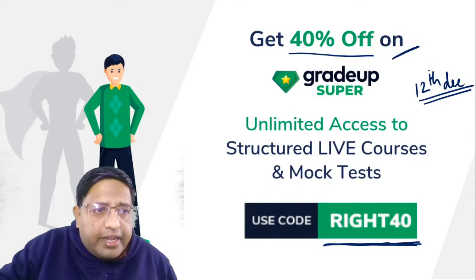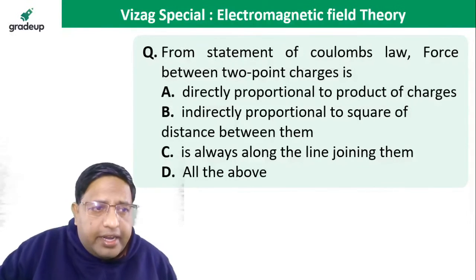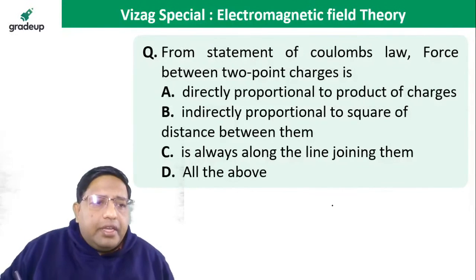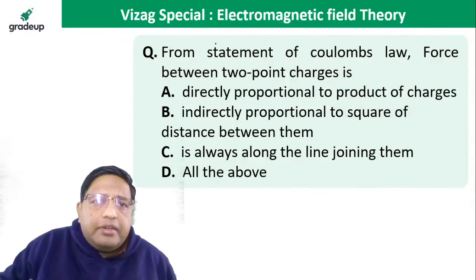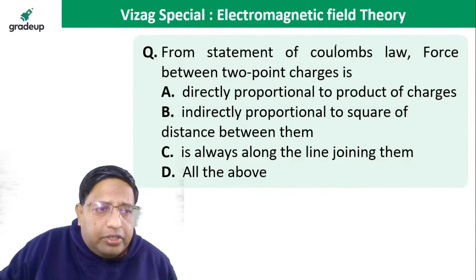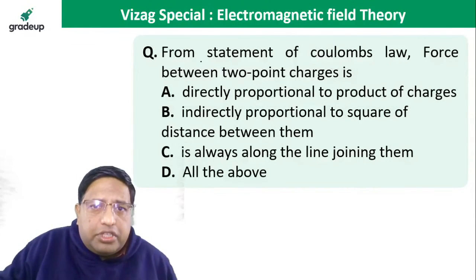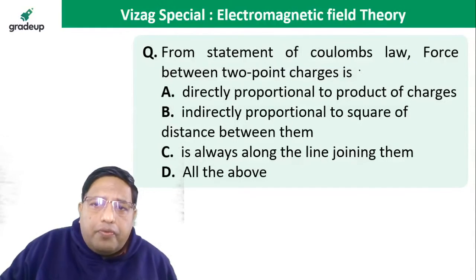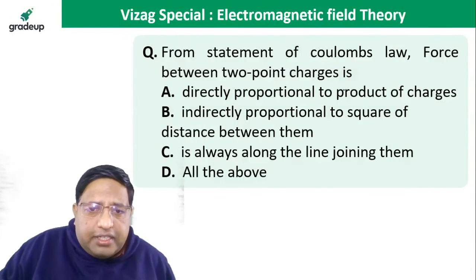Now I am starting. It is the first question, and it is the Vizag special electromagnetic field theory. Try to give the answer of this question. From the statements of Coulomb's law, force between 2 point charges is.